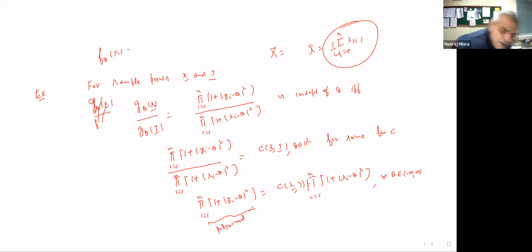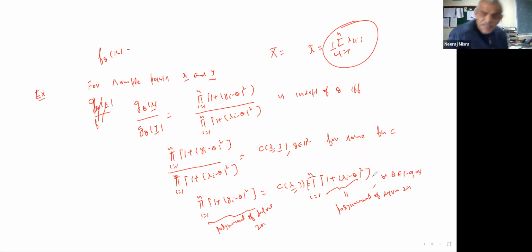This is a polynomial of degree 2n, and the right hand side is also a polynomial of degree 2n. So two polynomials are agreeing on the whole real line, but a polynomial of degree 2n can have at most 2n roots.